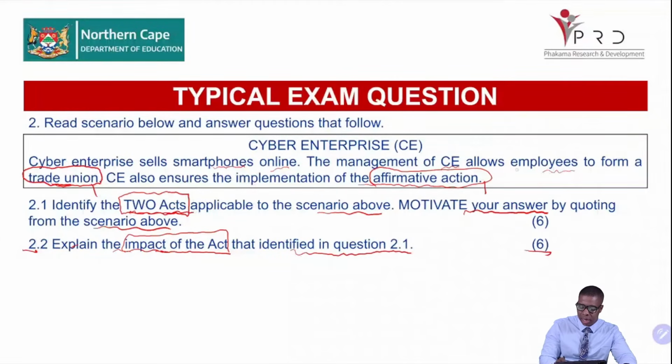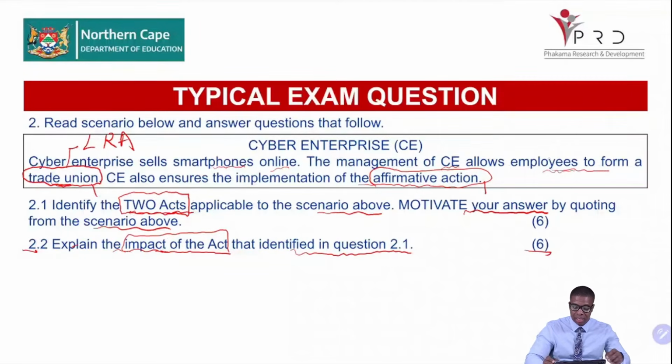When we say the management of CE allows employees to form a trade union, which act is applicable there? We are talking about Labor Relations, LRA. Why are we saying Labor Relations Act? Because the Labor Relations Act talks about the relationship between the employer and the employee, especially if there is a dispute, especially if it talks about representation, to say who can represent the employee and who can represent the employer.